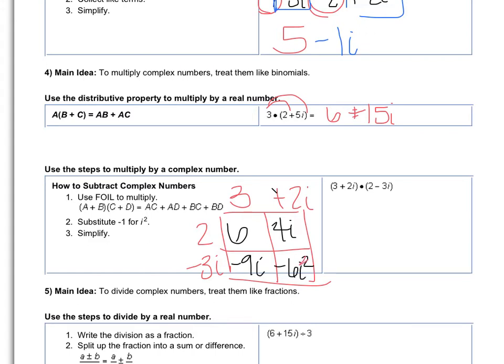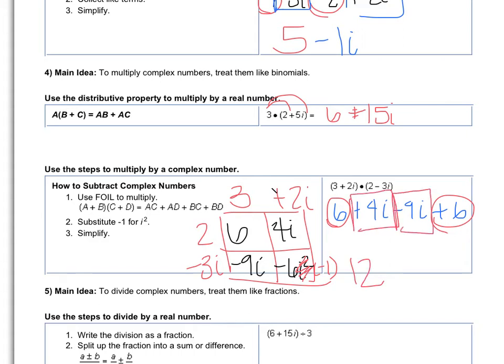If you'll recall, i squared is really just -1. So I actually have 6 plus 4i minus 9i, and -6 times -1 is positive 6. I can combine my 6's together to get 12, and I can combine my plus 4i minus 9i together to get -5i.